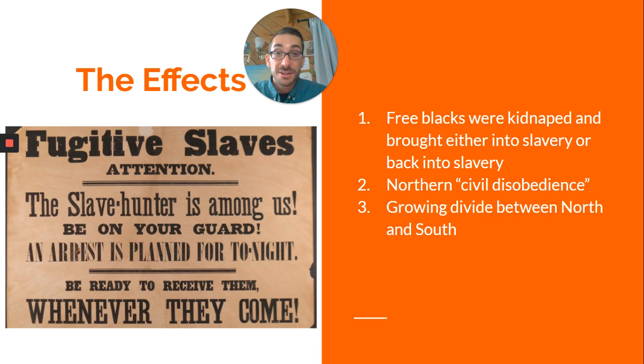Another effect, number two, is this thing called Northern civil disobedience. Civil disobedience just basically means if you disagree with a law, you refuse to follow it. So the North refused to assist some of the slave catchers, and according to our reading, the North even created the personal liberty laws, which essentially negated the Fugitive Slave Act.